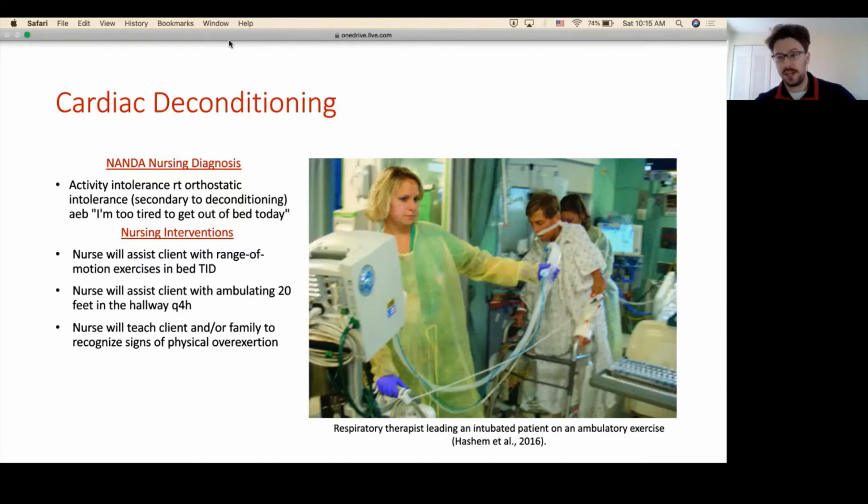The picture on the right is actually a respiratory therapist and a physical therapist ambulating someone who is currently undergoing mechanical ventilation, which I thought was pretty interesting. So there really are a lot of things you can do to make sure that your patients don't slip into deconditioning.